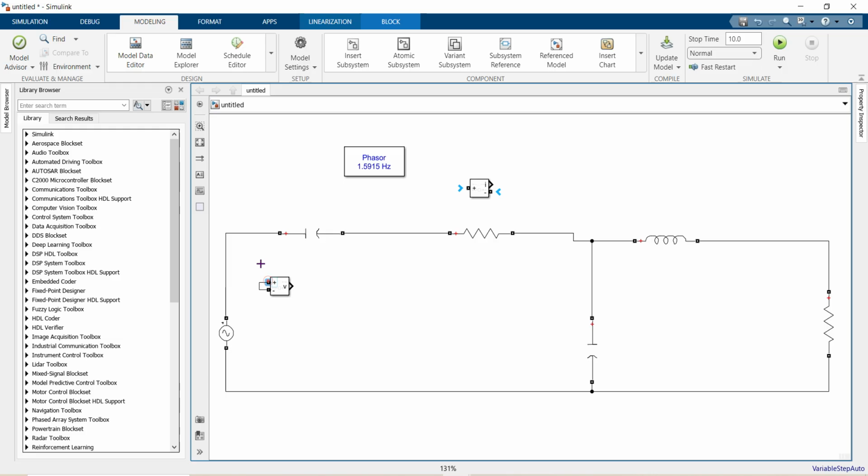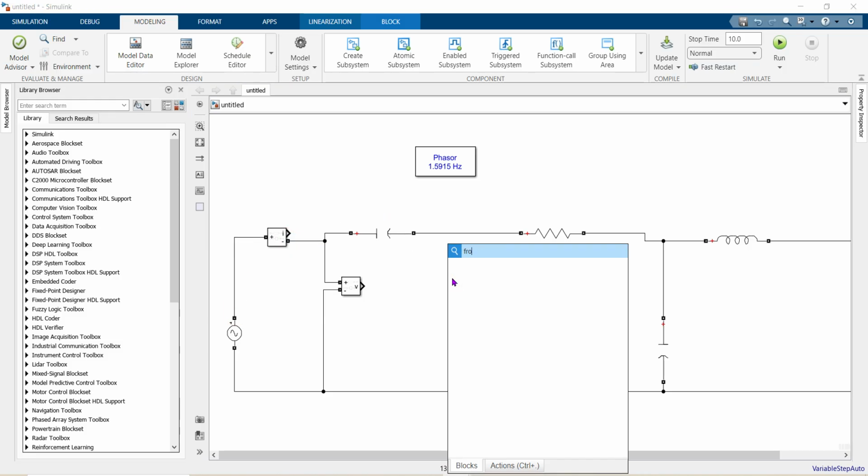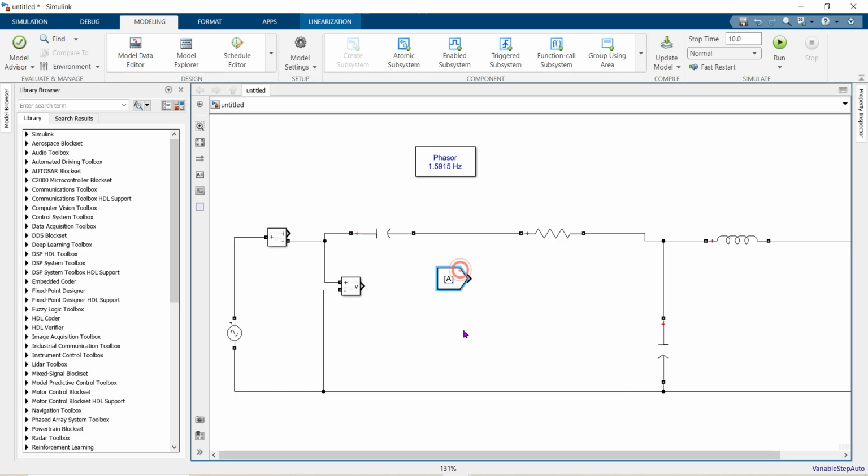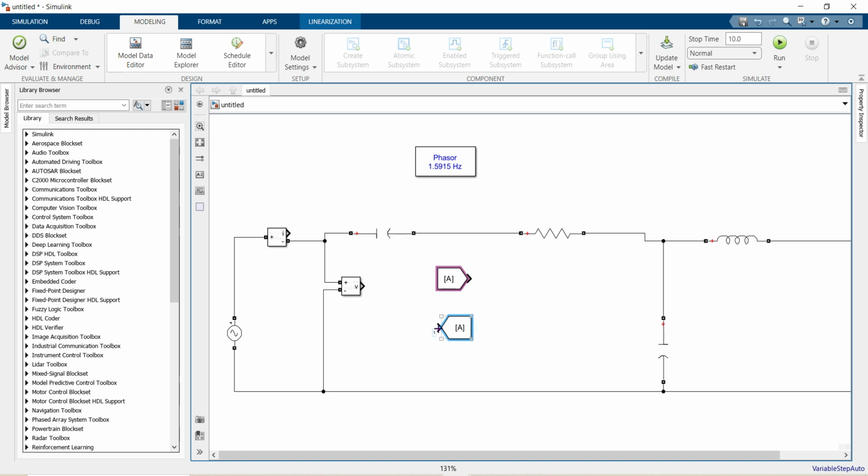So this is our voltage and current measurement block. Then I'm taking the From and Goto blocks.